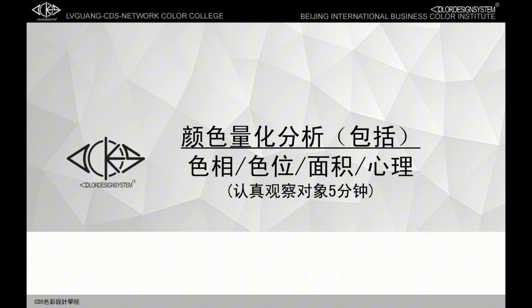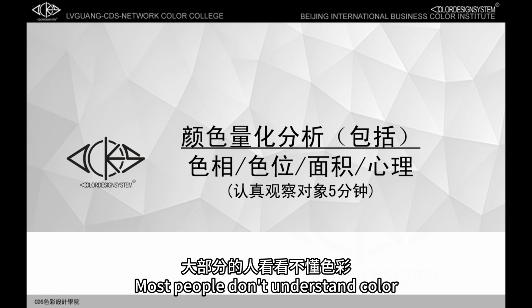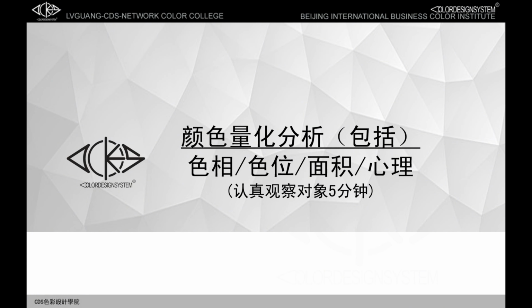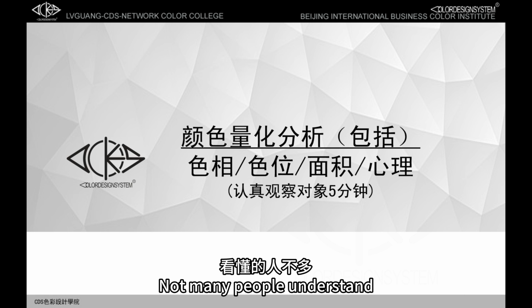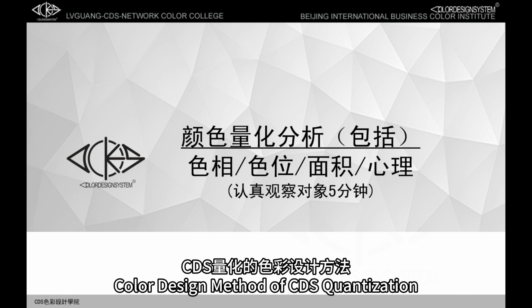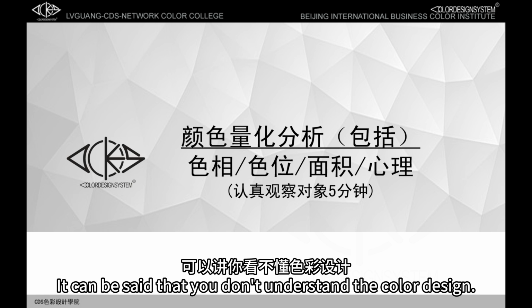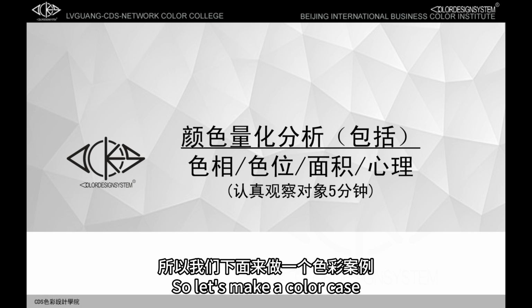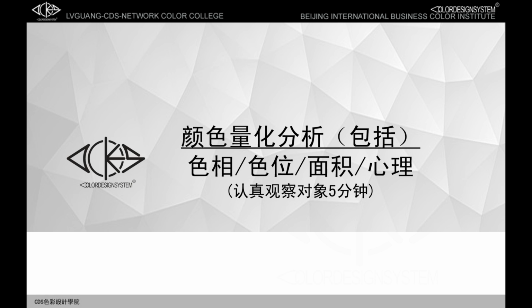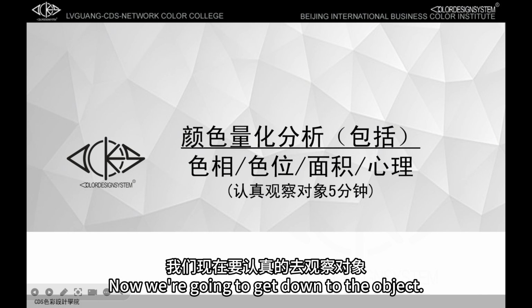I see most people don't understand color. Not many people do. If you haven't learned the CDS quantified color design method, it can be said that you don't understand color design. So let's make a color case. Now we're going to get down to the object.